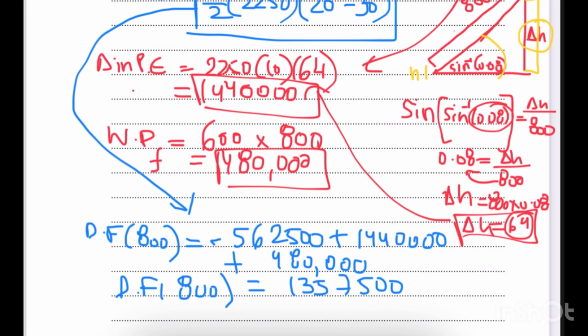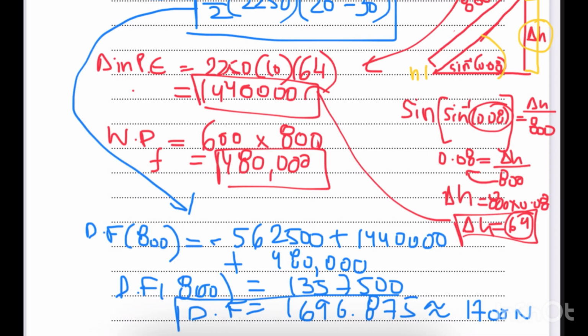When dividing 800 on both sides, we get the driving force equals 1696.875, and if we want to round off, that is 1700 newtons. So that is the driving force exerted by the car.